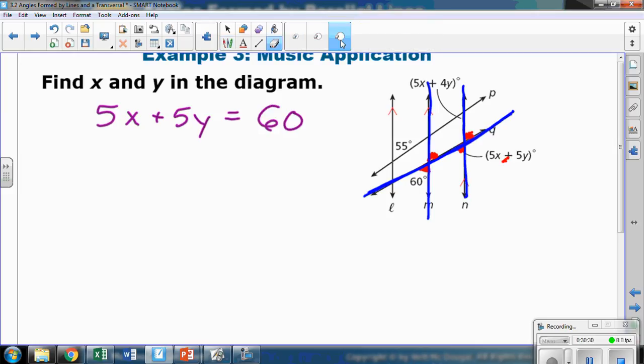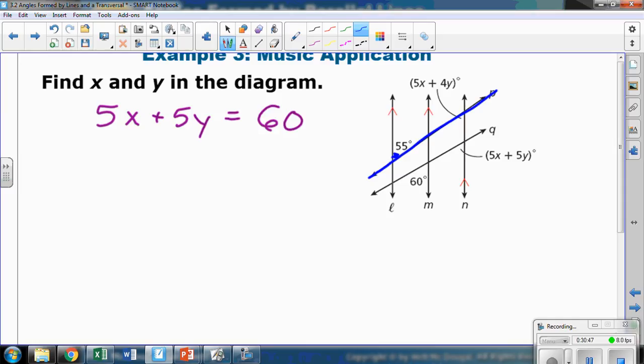However, we've got another set. This is a different transversal. With a different transversal, we have different angles. 55, 55, corresponding angles.